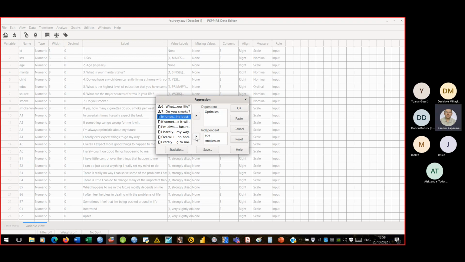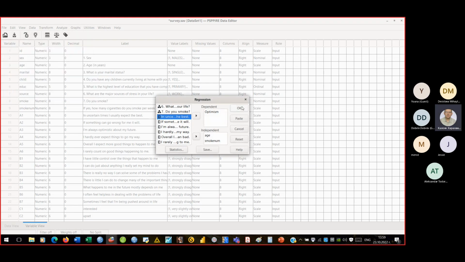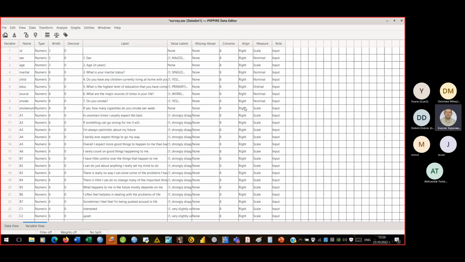But now I will press the button Statistics, and here I will check these options. This option is tolerance. Tolerance is the coefficient of tolerance, or just tolerance, and then Continue, and then OK.